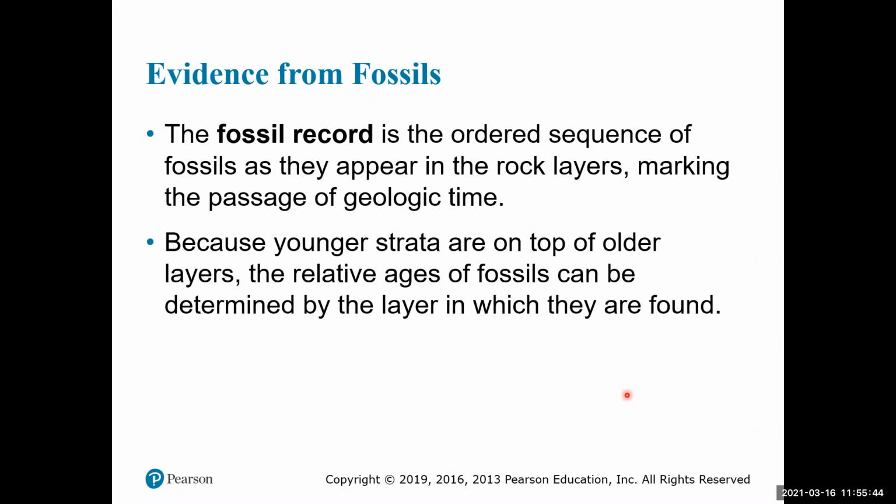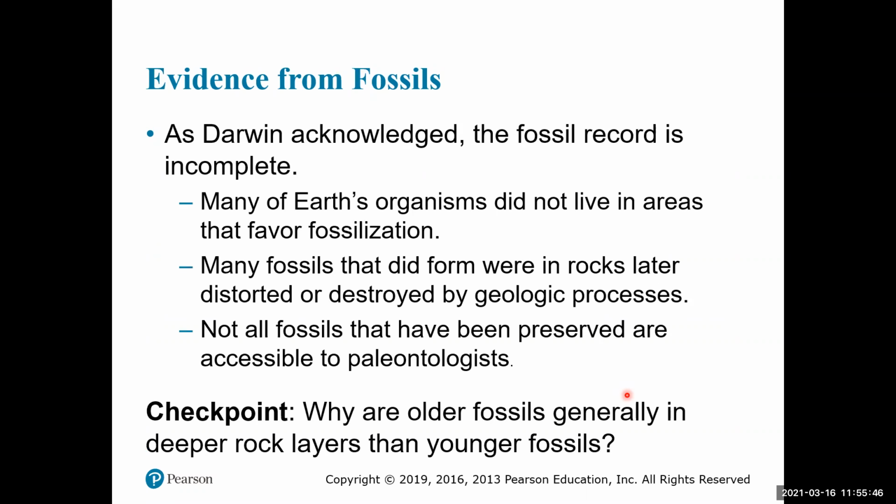And what's really interesting is Darwin actually acknowledged the fossil record in his research. And he acknowledged the fact that the fossil record is incomplete, that we are not able to go out and find every single organism that ever lived in this continuous fossil record, just because of the way the fossilization process works, and also because of geological factors.